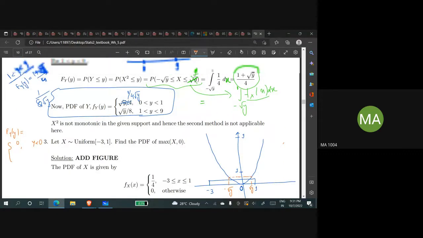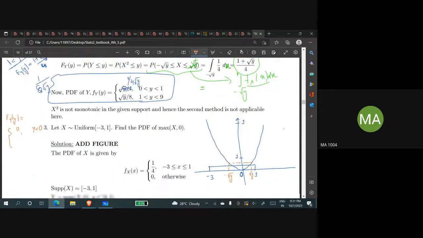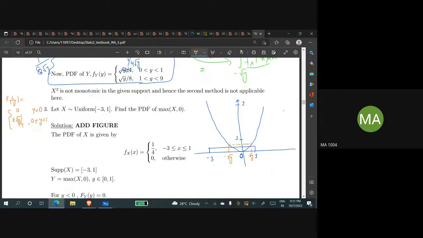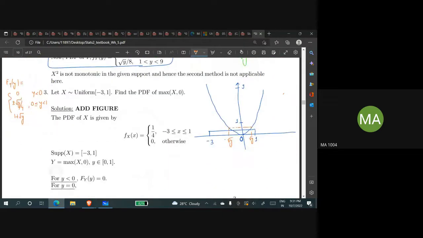And it is 2 root y by 4 when y lies between 0 to 1, and it is 1 plus root y by 4 when y lies between 1 to 9, and it is 1 for y greater than or equal to 9, right?